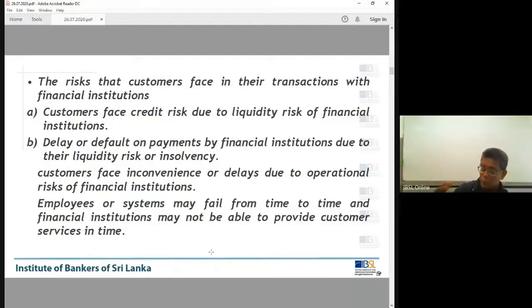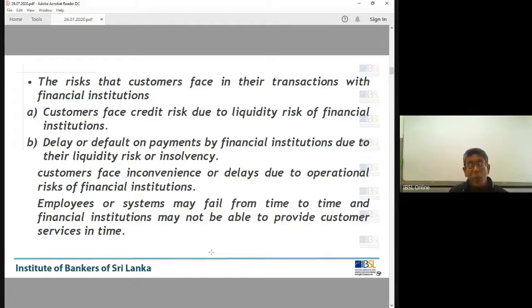A housing loan is issued not with the whole loan amount given at once. They give it on a staggered basis. First you complete your foundation and they give some money, and then you go up to the roof level, they give some money. Likewise, they give it on a staggered basis. Suppose now I took a big loan from you, say maybe 10 million, for an example, right?